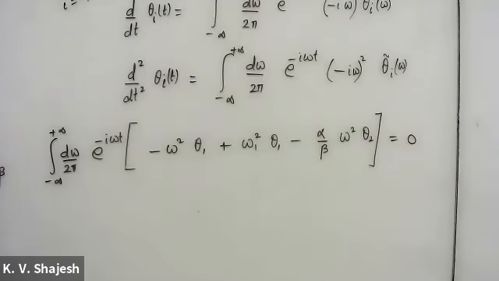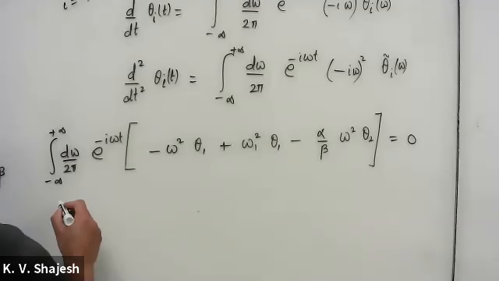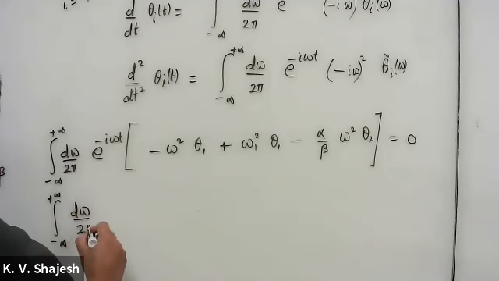Is that clear? I jumped a few steps there. Yes, that's clear. Okay, so let's keep going. So it's omega over 2 pi.